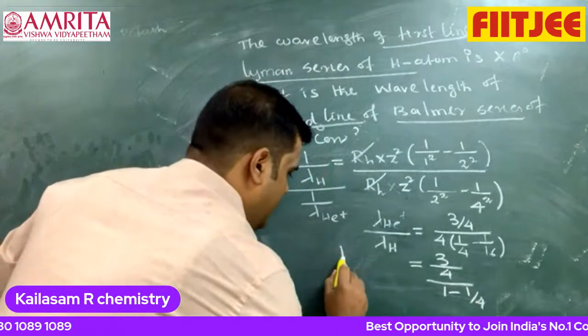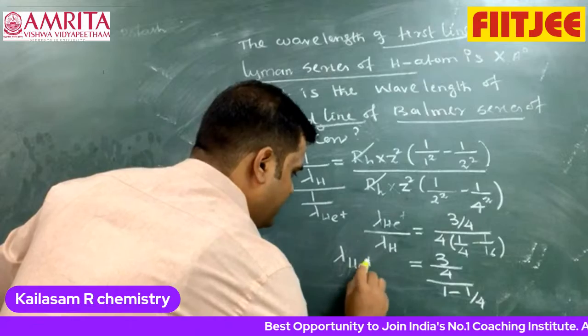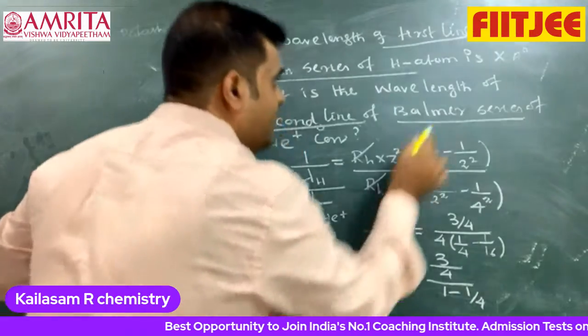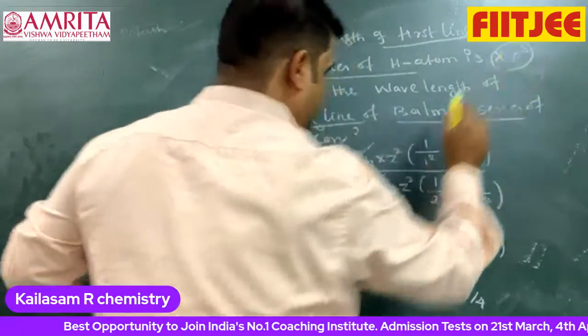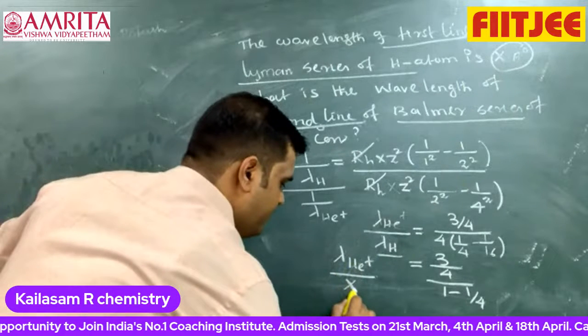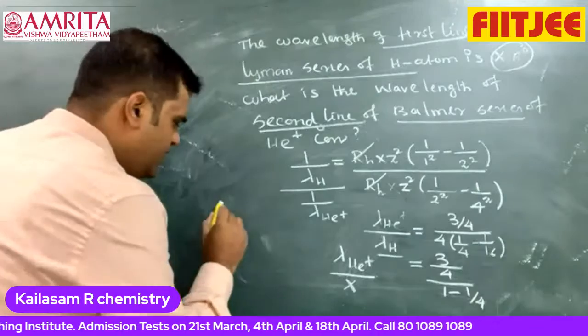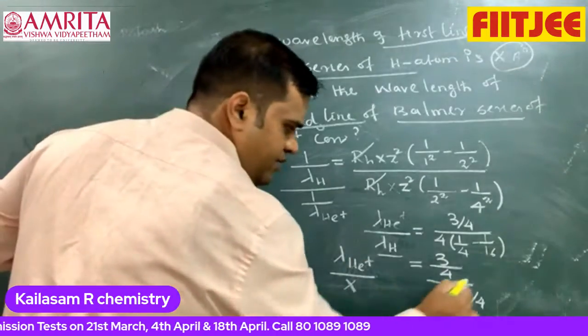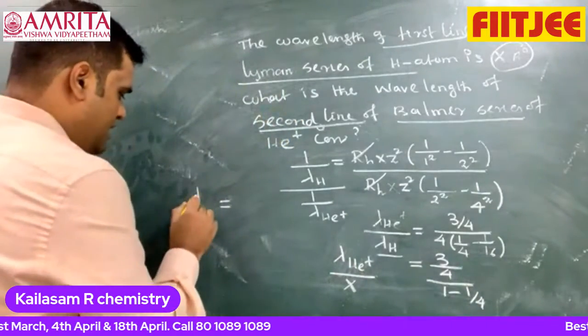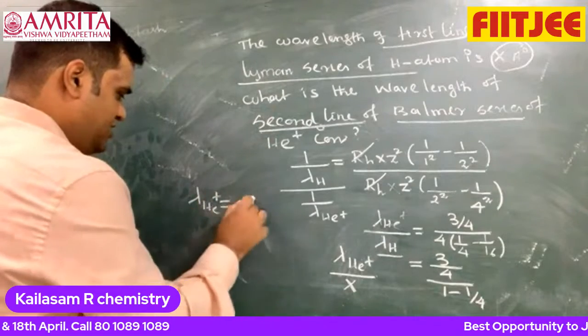The value of lambda of hydrogen is given as X, so the 3 by 4 cancels off. Therefore lambda of helium plus equals X.